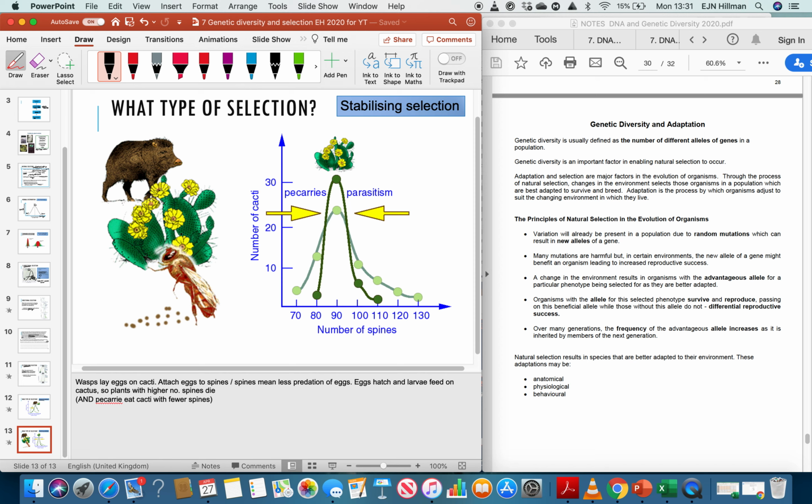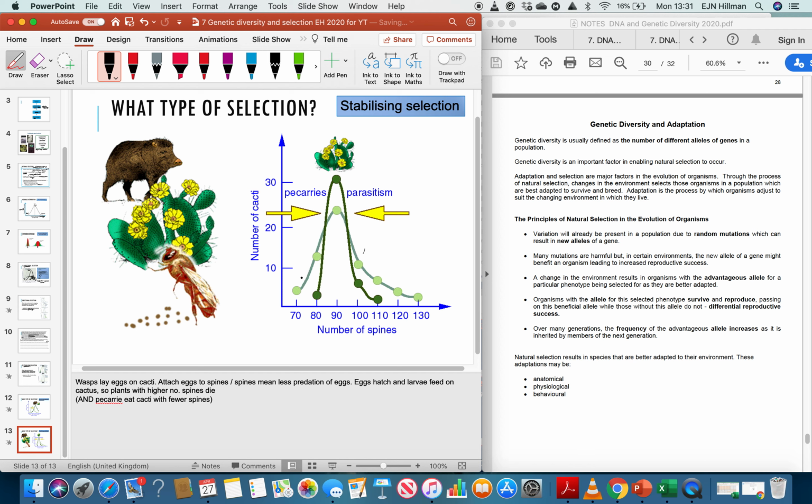So if we consider that for a moment, now the cacti has two problems. So there are the parasites, the wasps, laying their eggs at the base of the spines. Well, if there are lots of spines, they'll be able to lay lots of eggs, and those eggs would then feed on the cacti. However, if they have too few spines, the peccaries would be able to feed on the cacti. So they have to find an optimum number of spines.